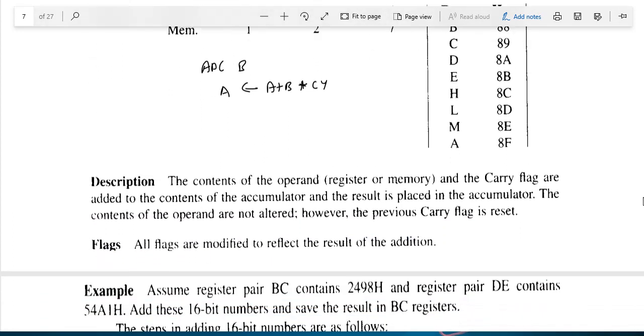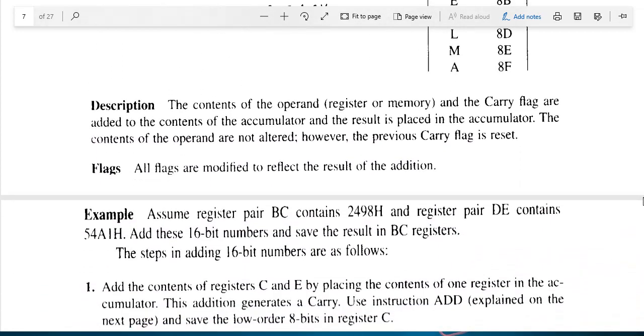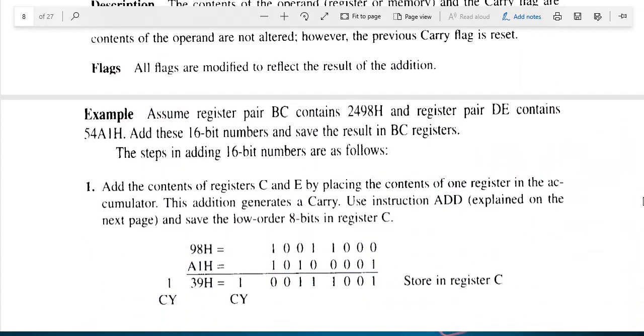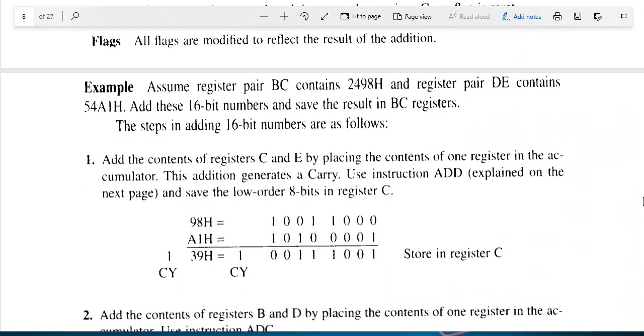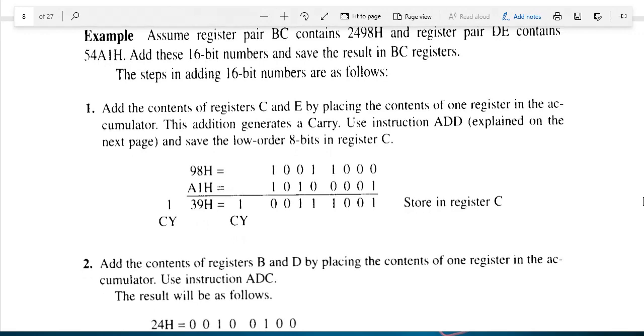We will explain where this ADC instruction is required. For example, if I want to add two 16-bit data, like we have data 2498H in the BC register pair, and another data in the DE register pair, given as 5454A1.